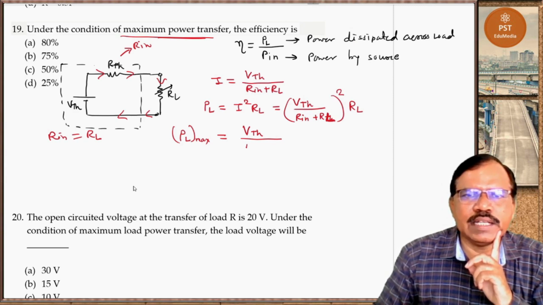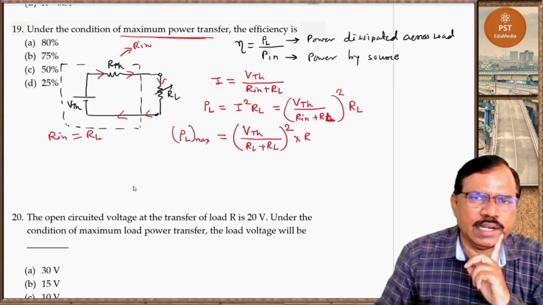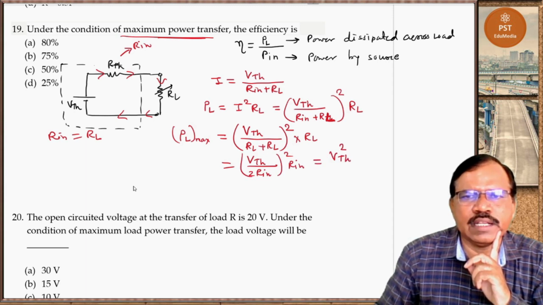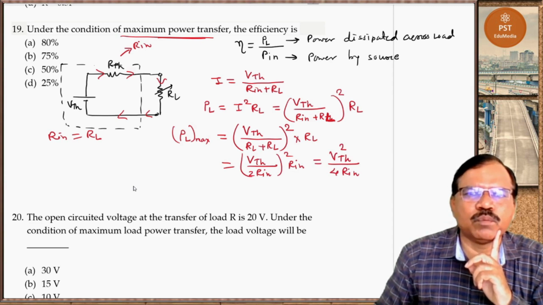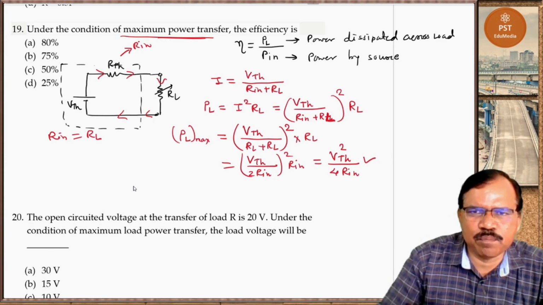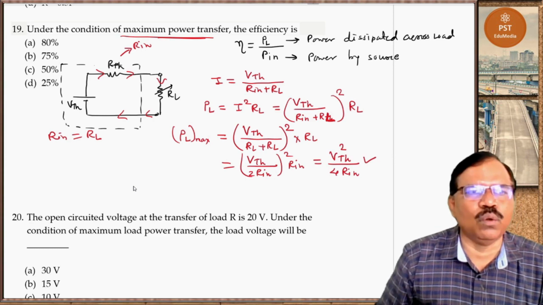So Rin means RL plus RL, the square of this current, squared, into RL. So here VTH upon, you can take Rin also, 2Rin squared into Rin. So we get VTH square upon 4Rin, because 4Rin square into Rin, one will cancel. So this is the maximum power delivered to the load.